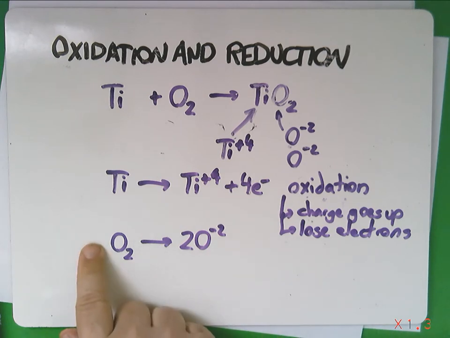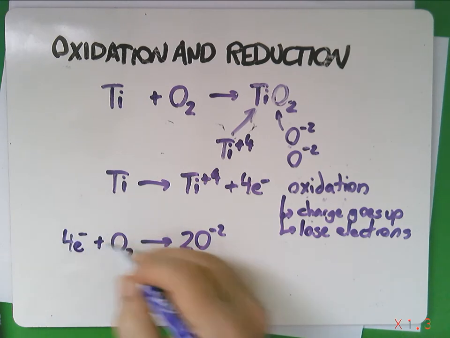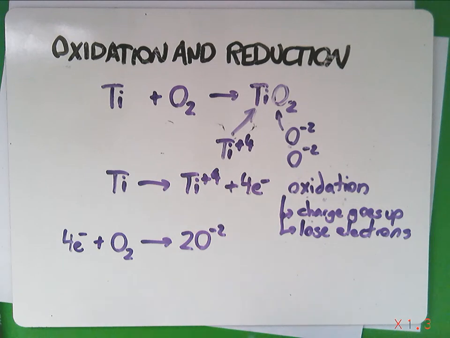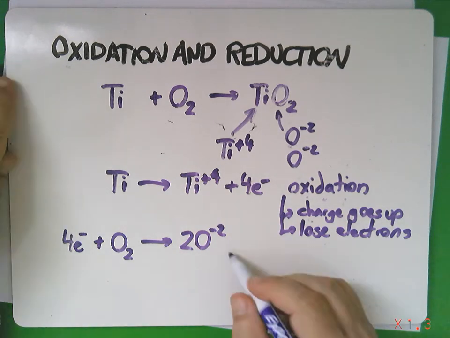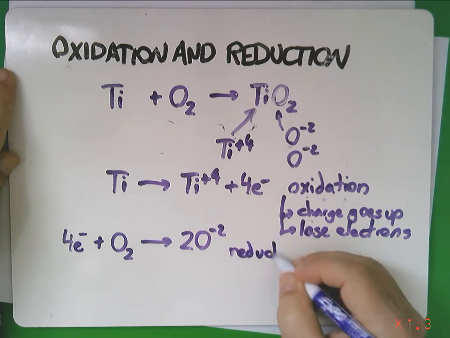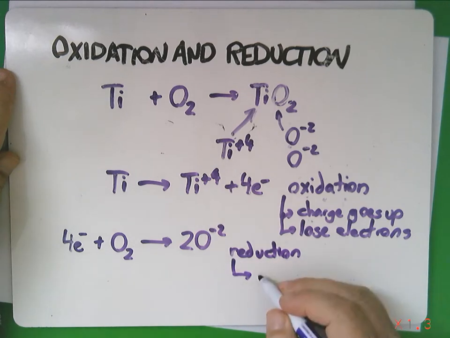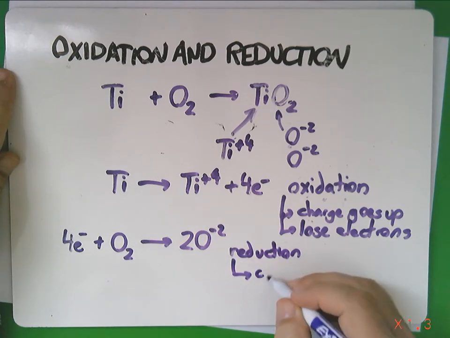So I must have a -4 charge on this side too. There are 4 electrons that the O2 captures, and it becomes then the oxide. This is a reduction. In a reduction, the charge goes down, the charge is reduced.